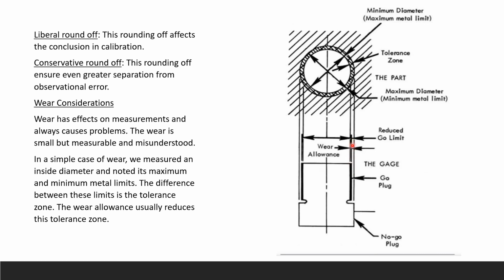From here to here is a little bit of area. If you apply it to a diameter, it's going to take a small area on the 2D diameter, a little bit out of that shaded tolerance zone ring right there. That's what it's trying to tell you. So this is all for chapter 9, calibration.